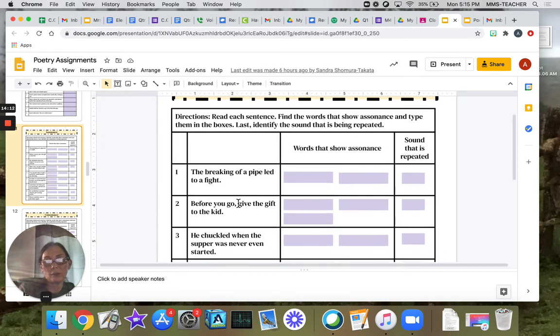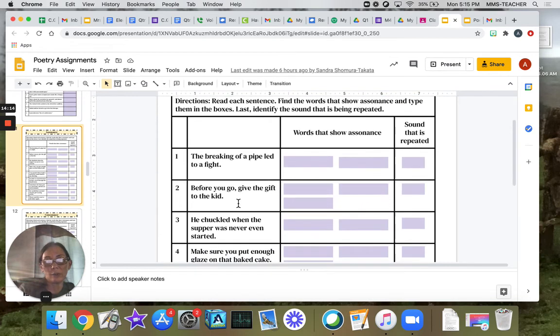For each of these, we have clues for you. In the first sentence, there are 2 words that show assonance. Number 2 has 3 words. So let's take a look at number 1. The breaking of a pipe led to a fight. The 2 words that show assonance would be pipe and fight.